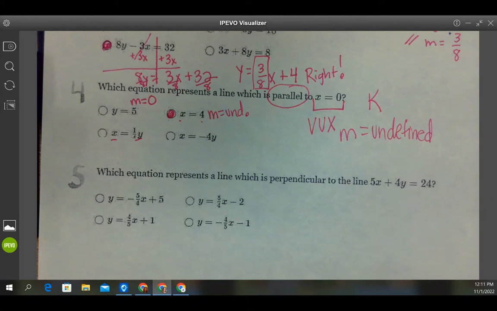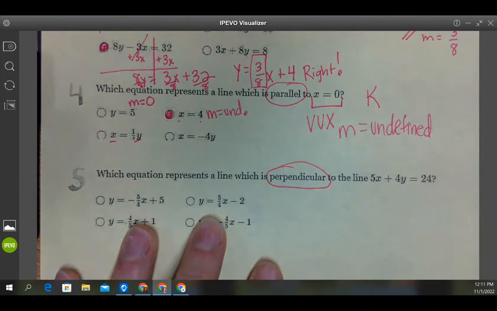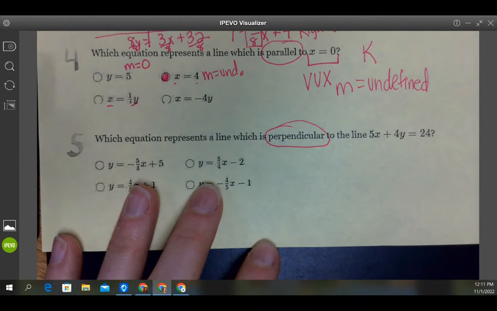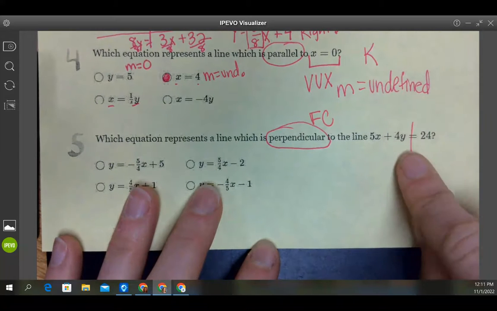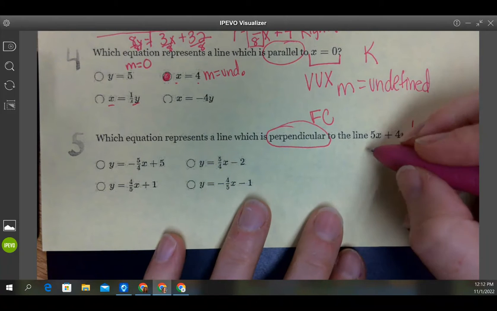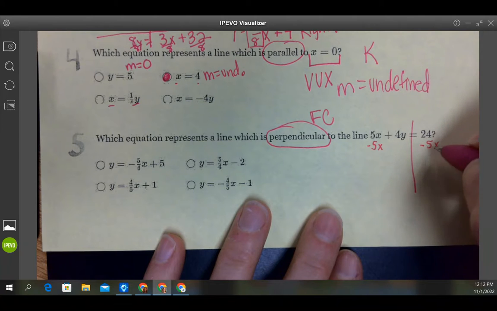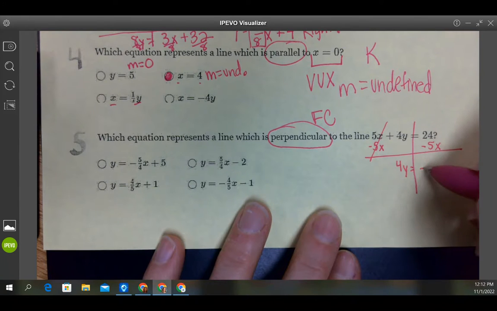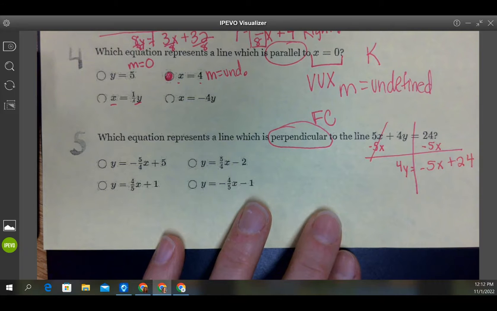Number 5, which equation represents a line that is perpendicular to 5x plus 4y equals 24? So perpendicular is a flip change. So we need to find the slope of this, then flip change. So we need to solve. Keep them separate.